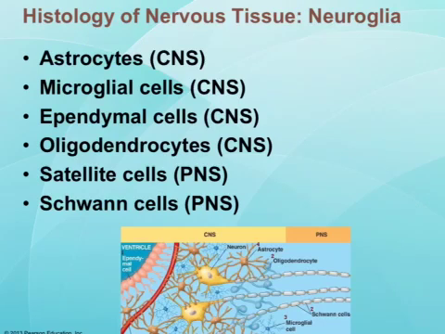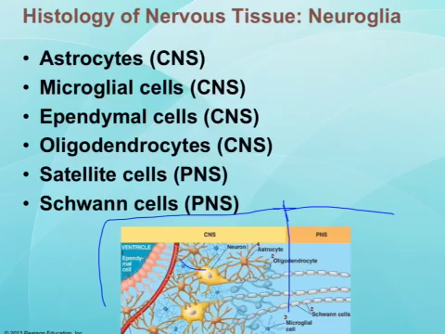So put everything back together, and we can see all six types of neuroglial cells in this one picture here. This part is the CNS, and the rest is the PNS. You can see those different cell types here. Astrocytes are the ones that bind the neuron with a blood vessel.